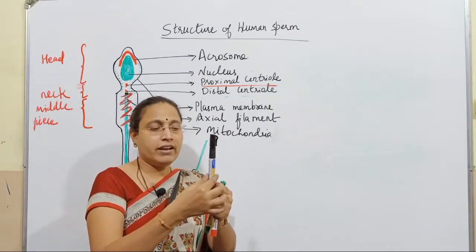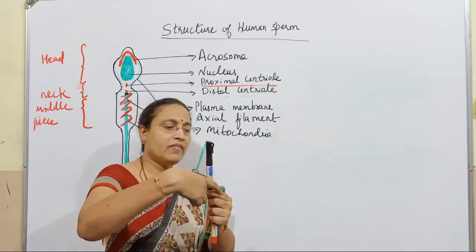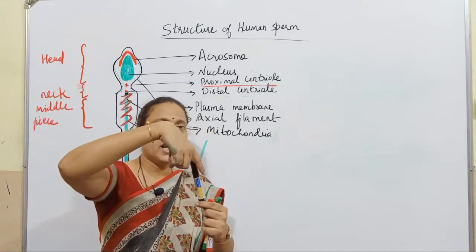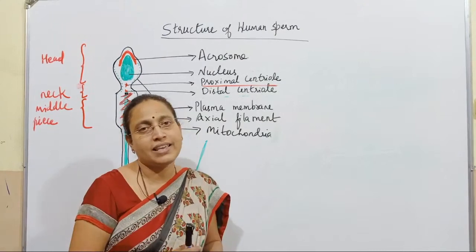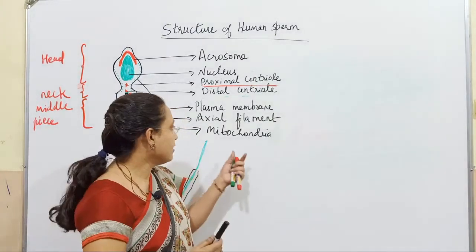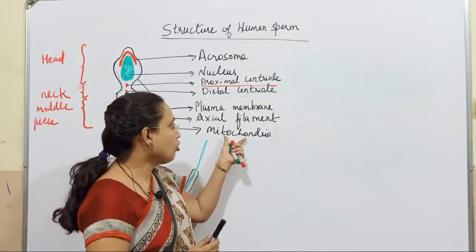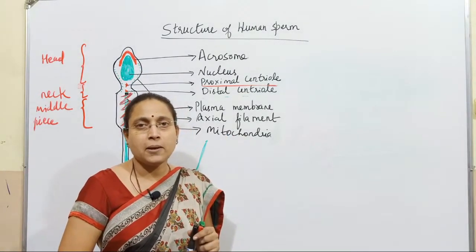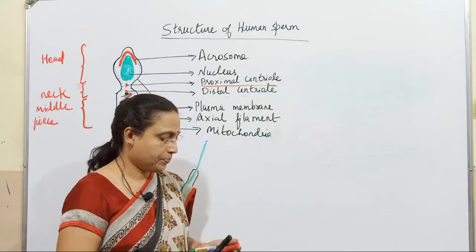Suppose this is an axial filament, the mitochondria will be like a spring, it will spirally coil around the axial filament. That is how the mitochondria will be in the sperm, spirally coiled mitochondria.